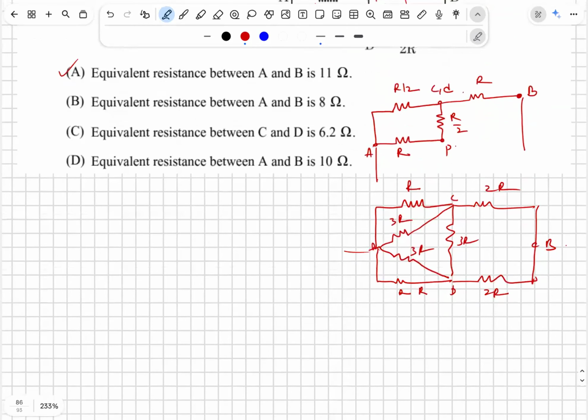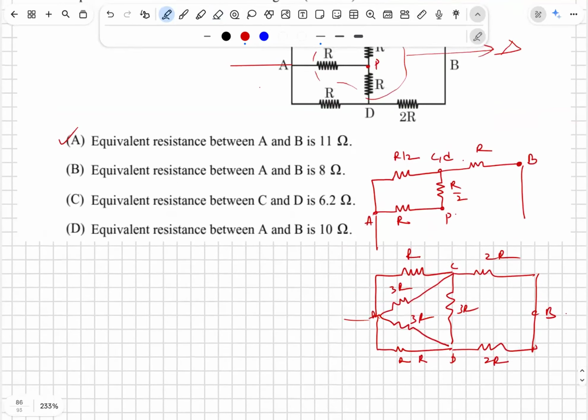So what will happen is 3R by 2 plus 2R. 3R are parallel. 3R by 2. Why 3R by 4? Okay, right. So finally, what will happen here? Effectively, you will get the same answer.